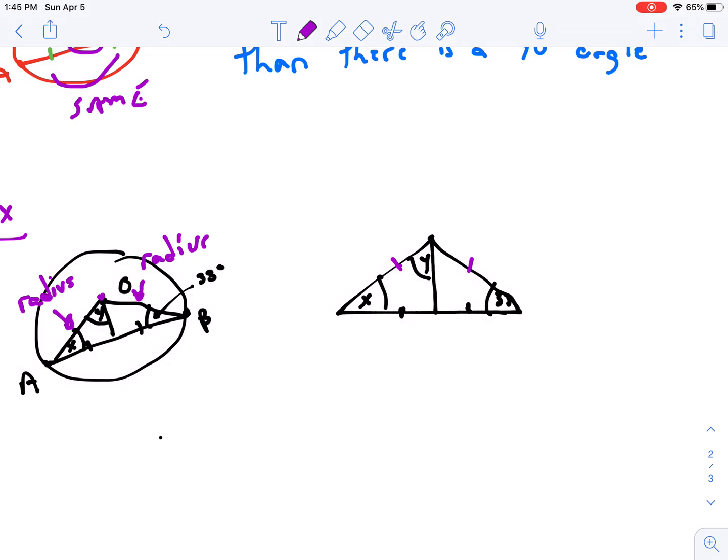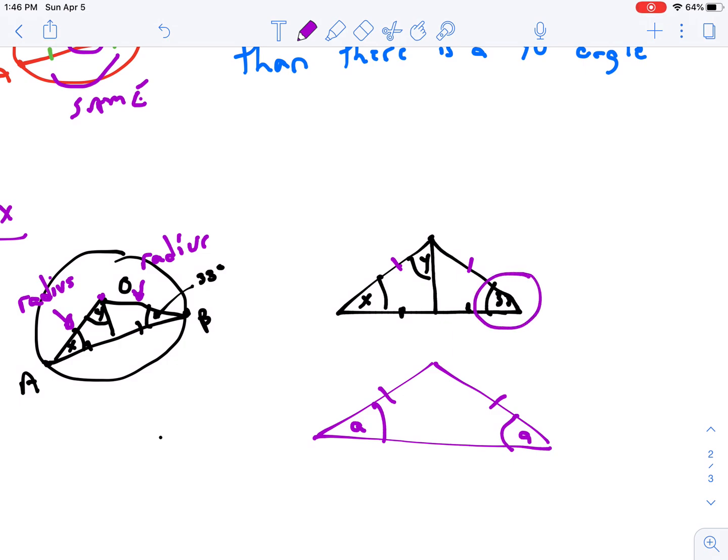So if I'm looking at this as a big picture, these lines are the same. This is an isosceles triangle. And that means, as we talked about earlier, that this angle and this angle have to be the same. They have to be the same. So it told me here that that's 33.